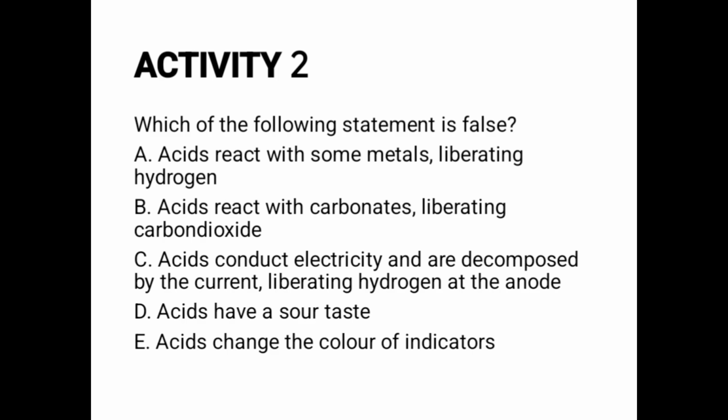Hydrogen ions are attracted to the cathode, and they gain an electron to become hydrogen atoms, and they combine together to form hydrogen gas. But at the anode, the OH minus is released, loses electrons, and forms water and oxygen gas. So hydrogen gas is produced at the cathode, while oxygen gas is produced at the anode.